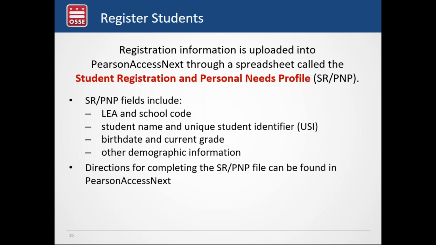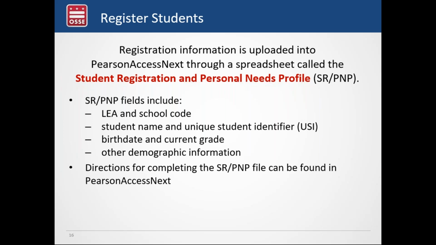For the SRPMP, as I mentioned, you'll need your LEA, student name, demographic information, and then the SRPMP file can be found in the Pearson Access Next system. The way that works, which we'll talk about in our next webinar, which starts an hour from this one, is that the SRPMP is a giant file. It's a large Excel spreadsheet. It has all of your students' names in, usually twice or maybe 3 times if they're taking science, because for each test they take, ELA, math, and science, they have a registration row.